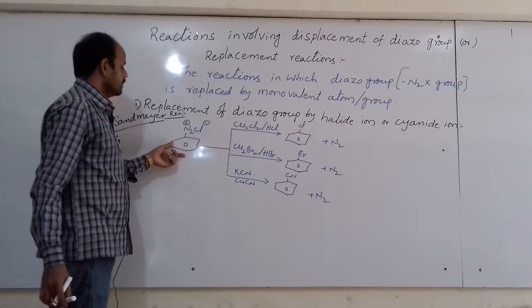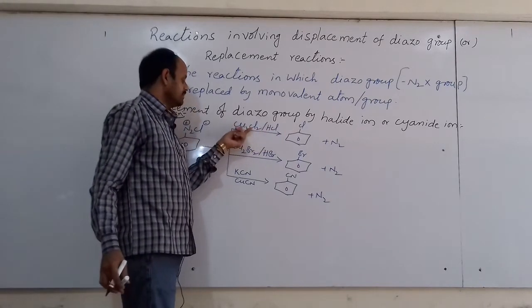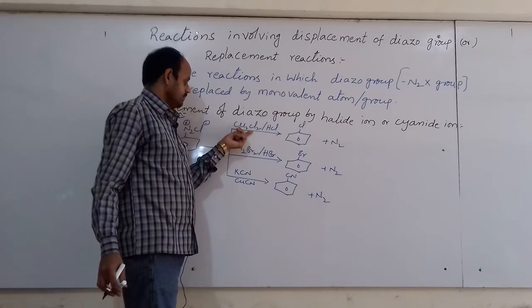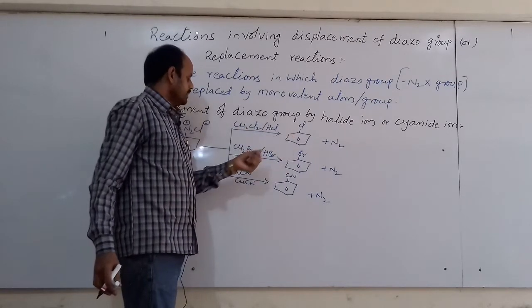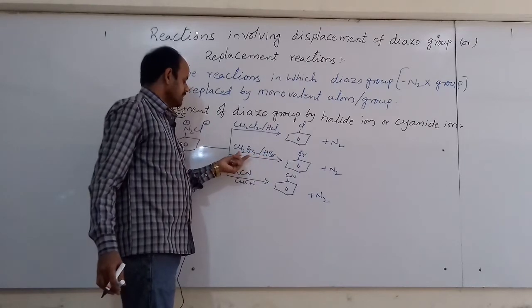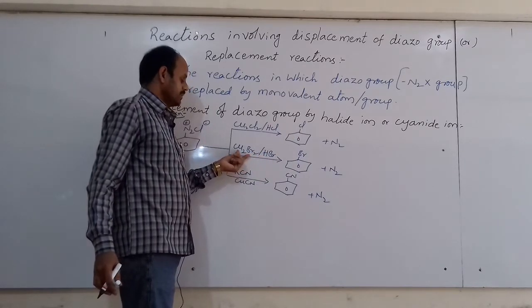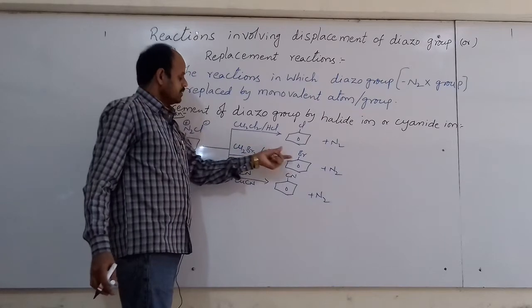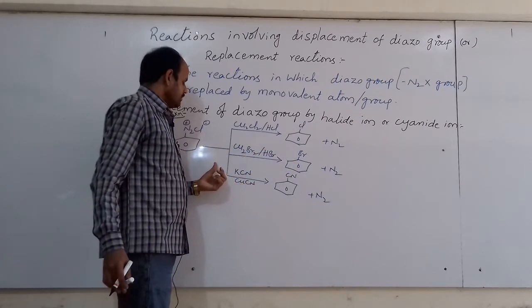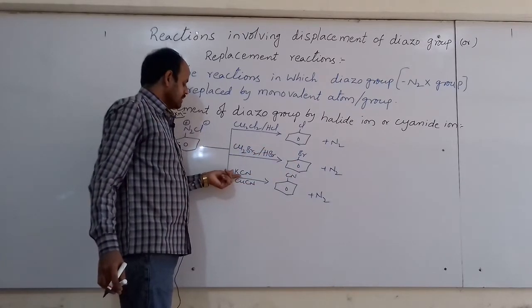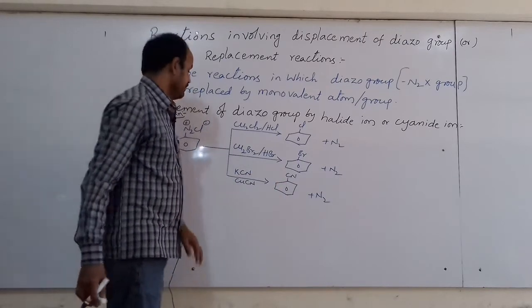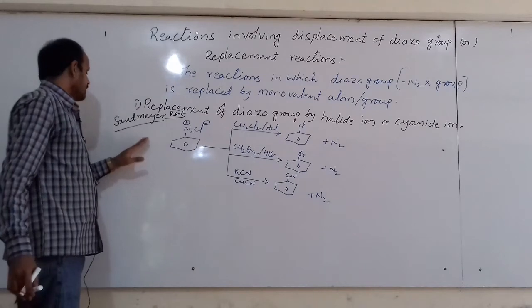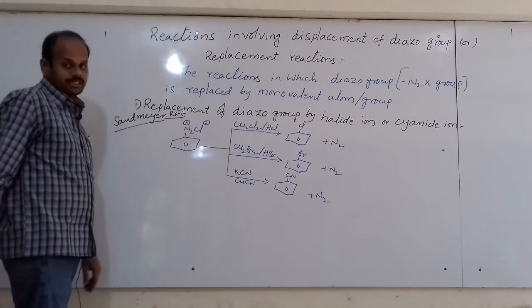Benzene diazonium chloride reacts with HCl in the presence of Cu2Cl2 or CuCl, both are the same, and we get chlorobenzene. With HBr in the presence of Cu2Br2 or CuBr, it forms bromobenzene. With potassium cyanide in the presence of CuCN, we get cyanobenzene. So these reactions are called Sandmeyer reactions.